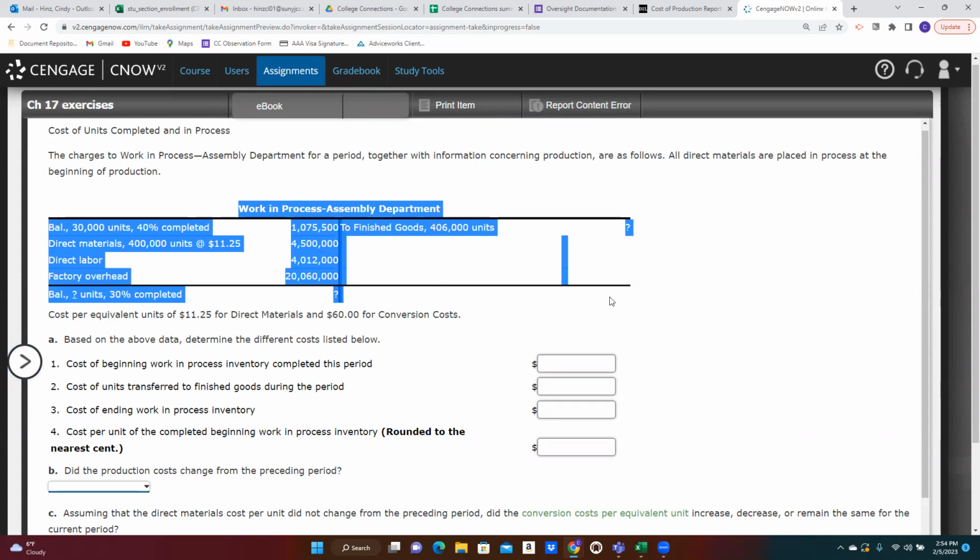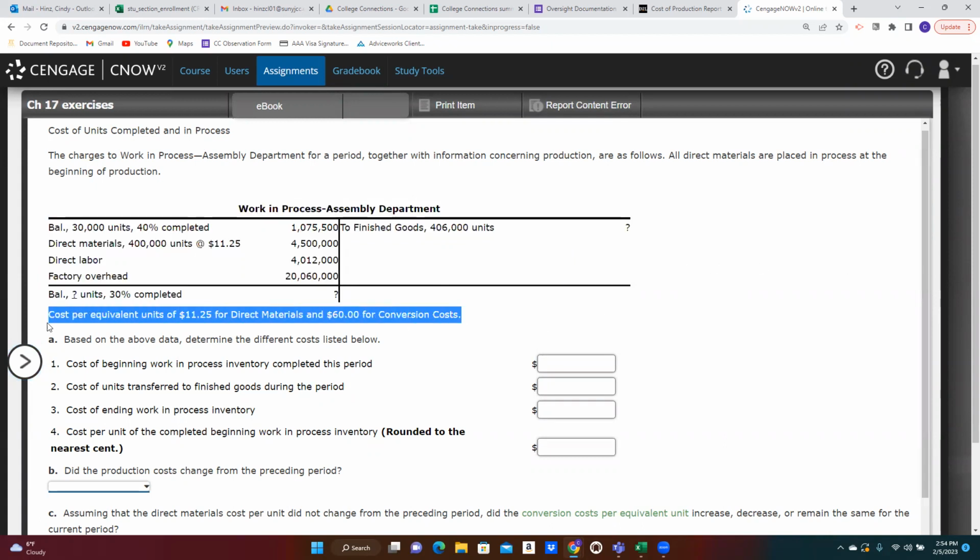Mainly, I'm going to be using the information that's here in this T account already, as well as the cost per equivalent unit that's already been calculated. So let's go over to the cost of production report. Actually, before that, let's just take a look at this T account so we can understand what information is included here.